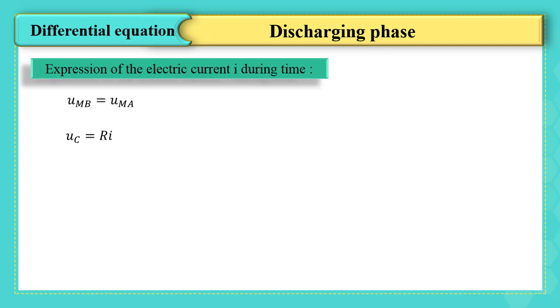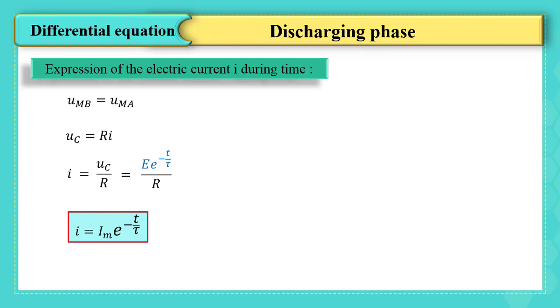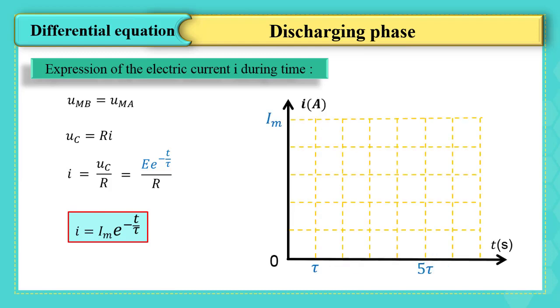Then I equals UC over R, equal to E multiplied by exponential minus t over tau over R. And E over R is equal to Im, the maximum electric current that traverses the circuit at t equals 0. So the expression of I becomes equal to Im exponential minus t over tau.